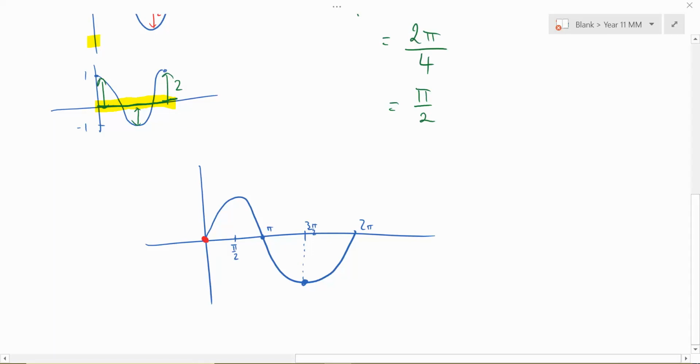You started at 0, which is the starting point, and then you reach the maximum at pi on 2, because sine of pi on 2 is equal to 1. Or if you think about the unit circle, by the time you get to this first quarter of the circle, you get to pi on 2, and sine, which is the y value, reaches a maximum of 1, which is here.